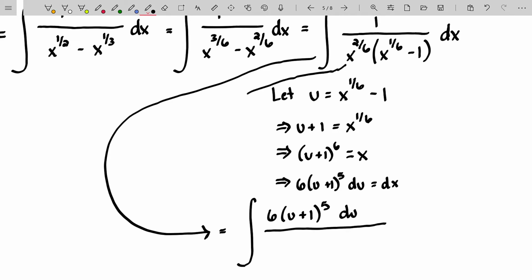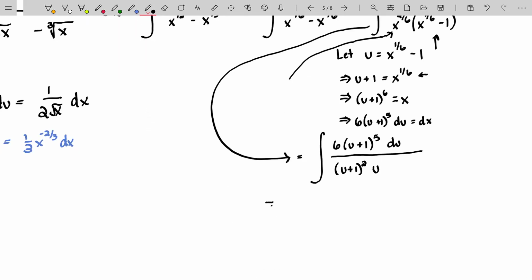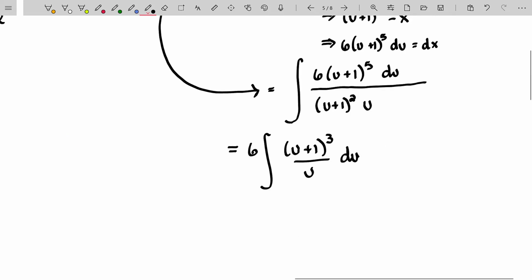That x to the 2/6 power, well, here's x to the 1/6, so x to the 2/6 must be the square of that. And finally, x to the 1/6 minus 1, that was our original substitution. And when you get down to this, it's very pretty because you get that.